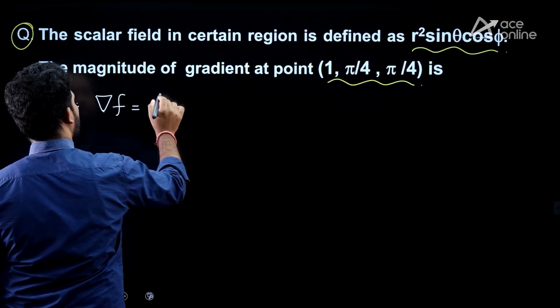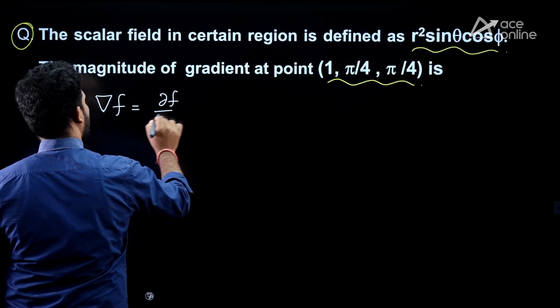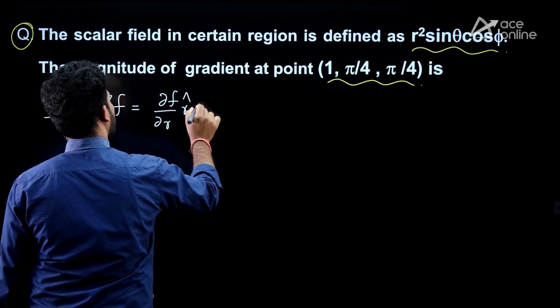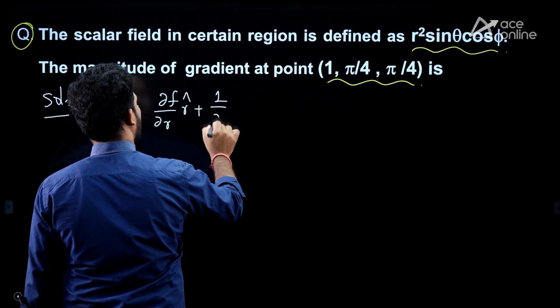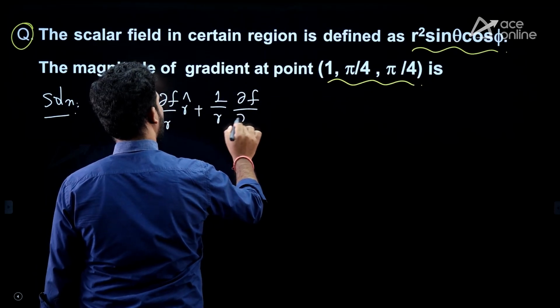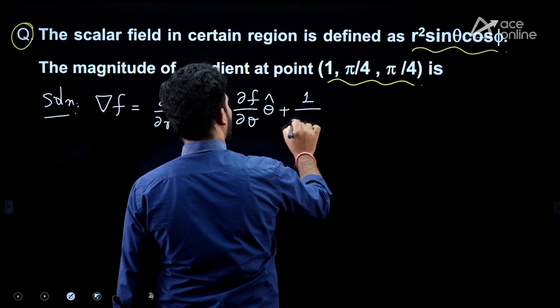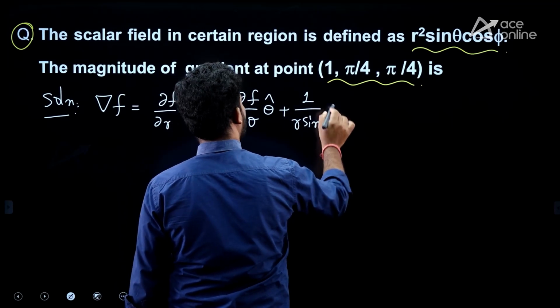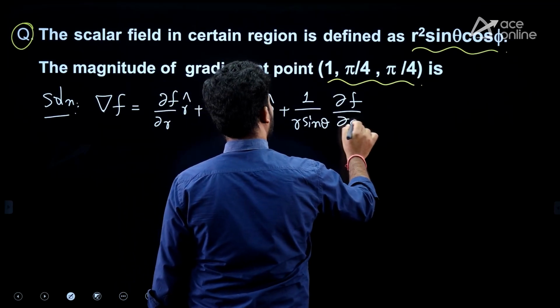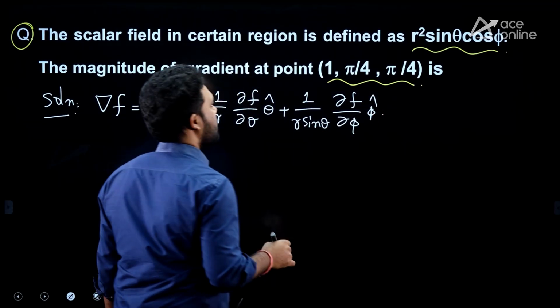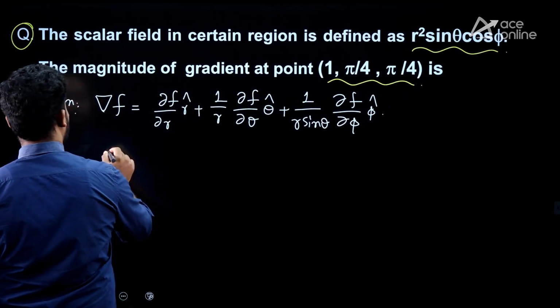Gradient of f is equal to ∂f/∂r r cap + (1/r) ∂f/∂theta theta cap + (1/(r sin theta)) ∂f/∂phi phi cap. Clear, friends? So what happens to the gradient of f?